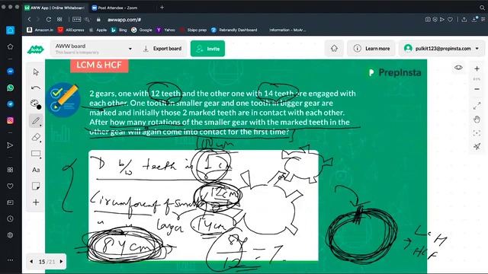So for it to complete 84 centimeter, how many rotations does it have to make? 84 by 12. It is given already in the question: after how many rotations of the smaller gear? Is that clear, everyone now?